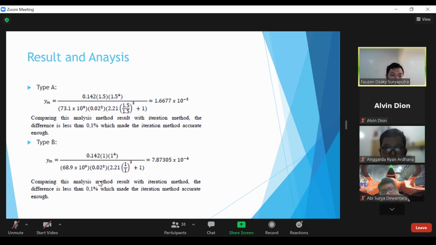So there is a slight difference, but the difference is small enough to make the iteration accurate enough.